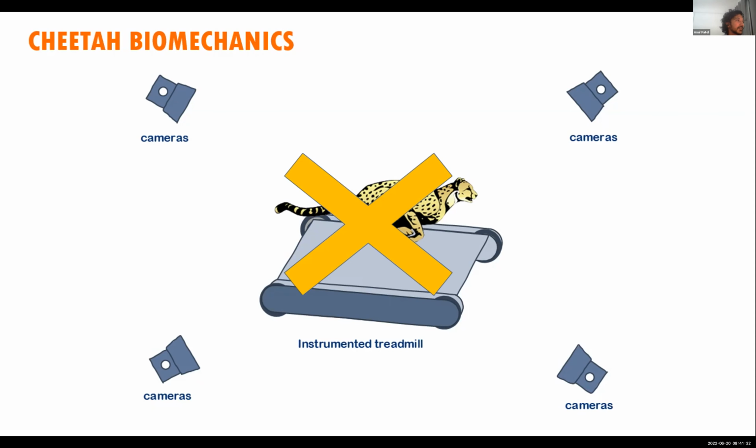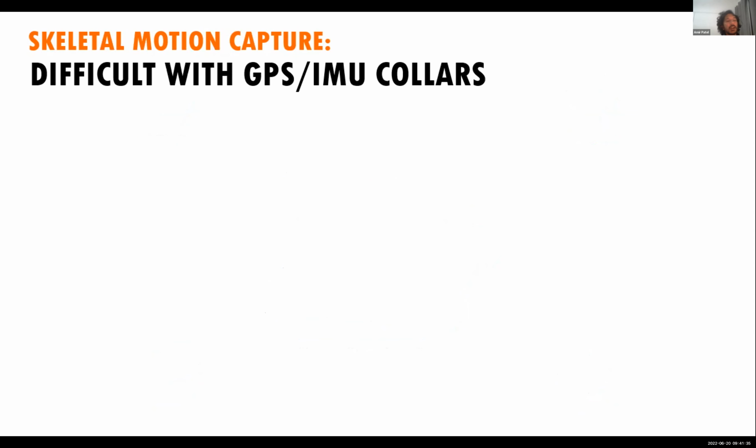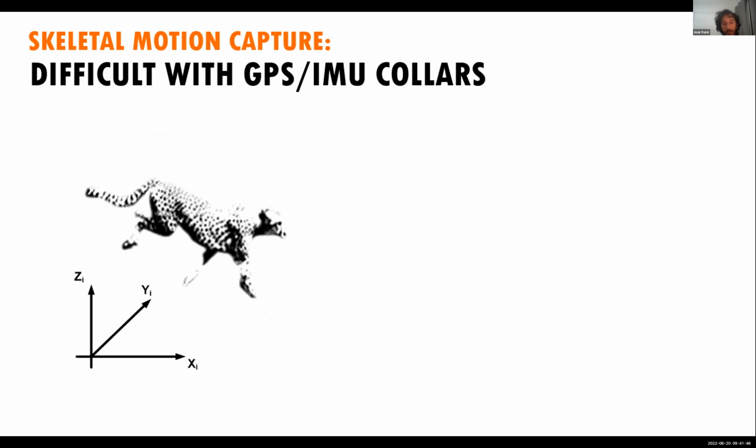So skeletal motion capture: how do people do motion capture on wild animals? Most of the time, the majority of people are using IMU and GPS collars. But this is actually only telling part of the story.